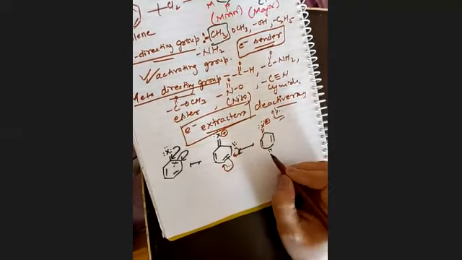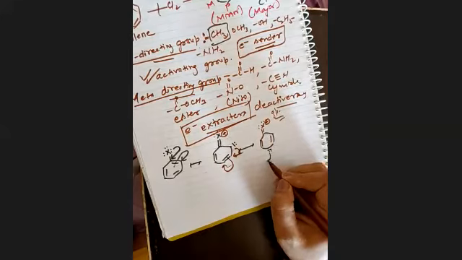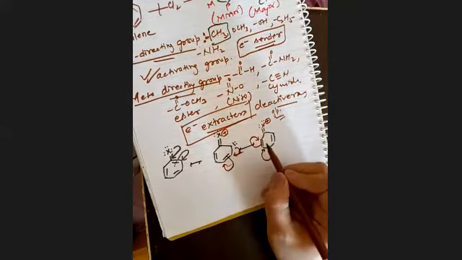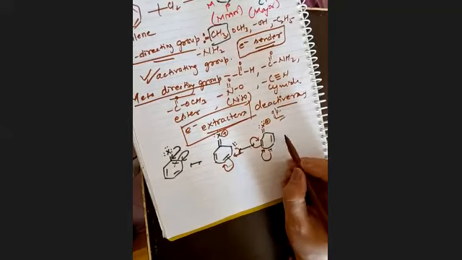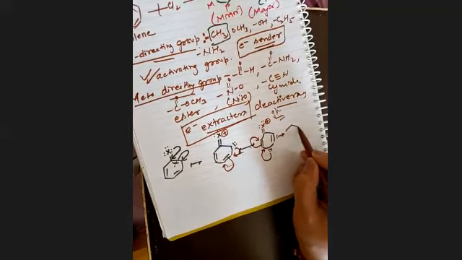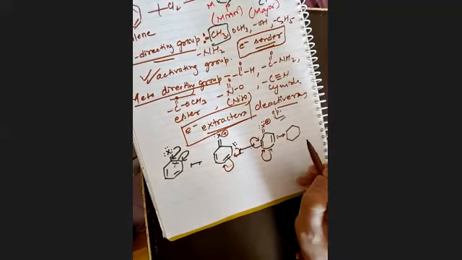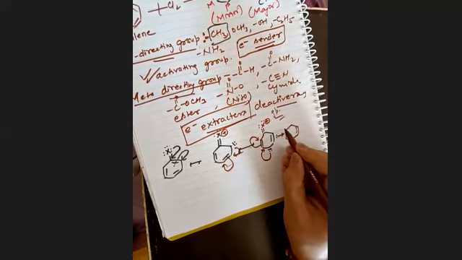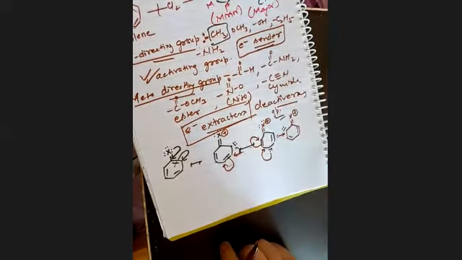After that, in the next step, your lone pair electrons will shift to this one, and this pi bond will shift to this carbon. That means electrons from this pi bond will shift to this one, and you will get the next structure like this. The lone pair of electrons is at this position right now, and since we have X with a positive sign attached here.